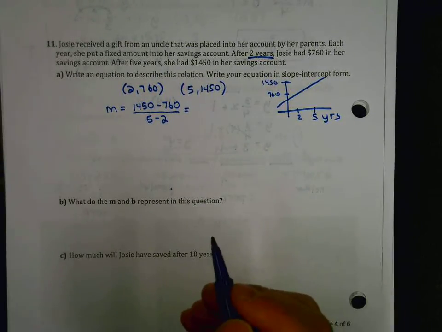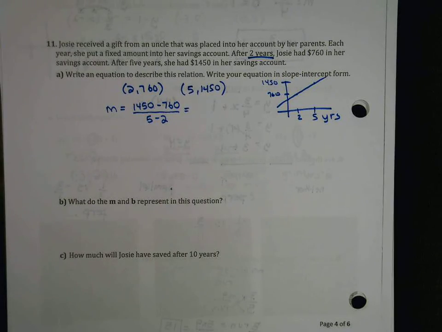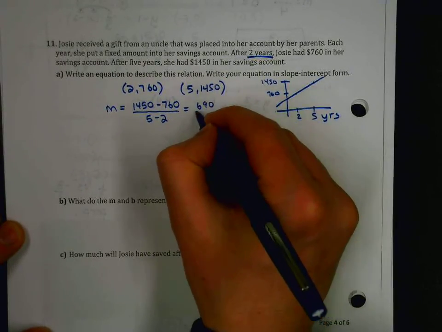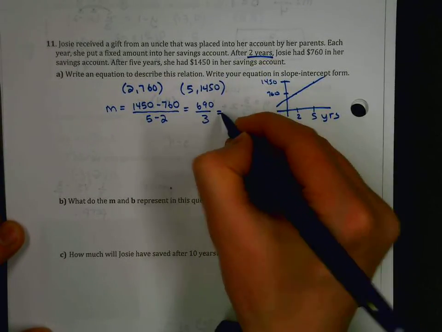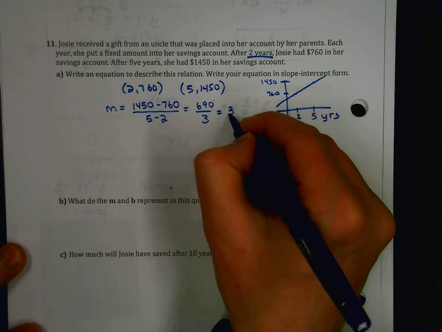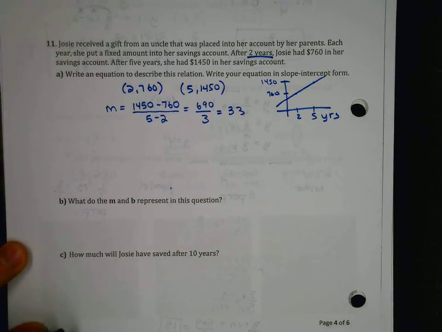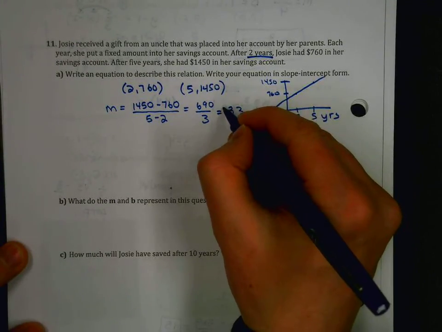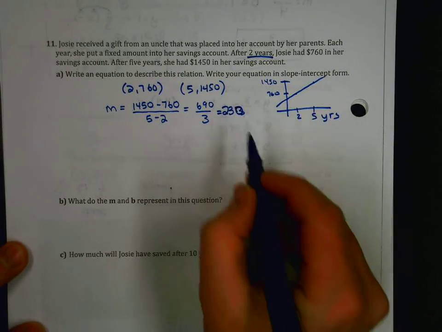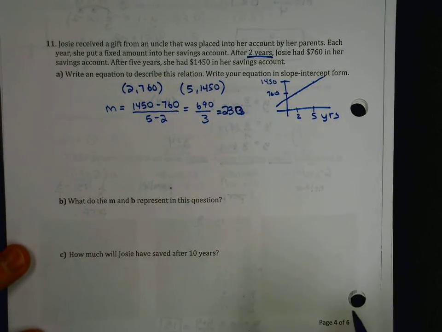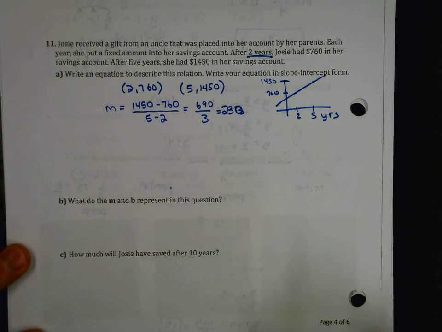We'll do a quick number crunch: 1450 minus 760 is 690, divided by 3, which tidies up to 230.